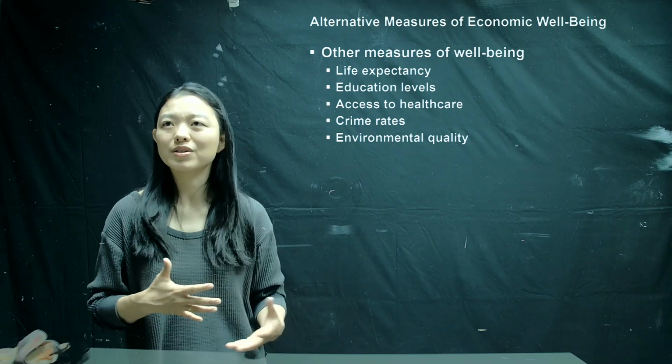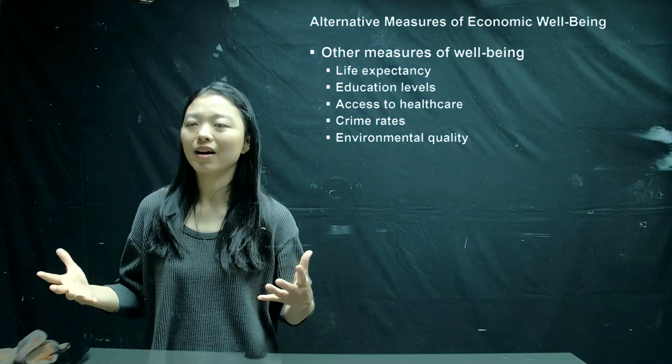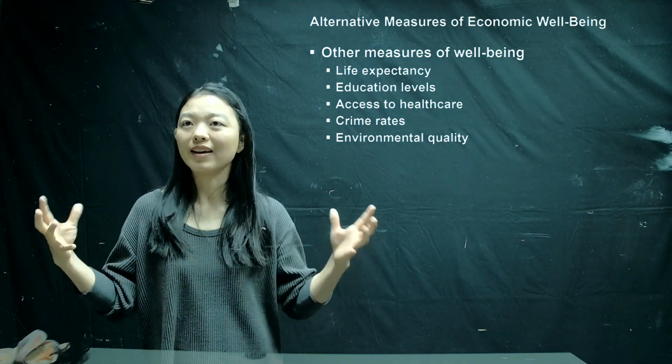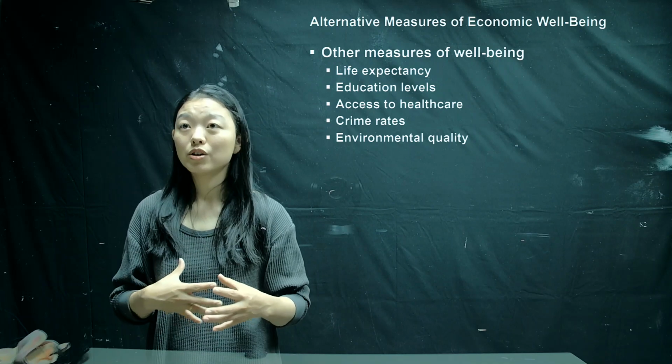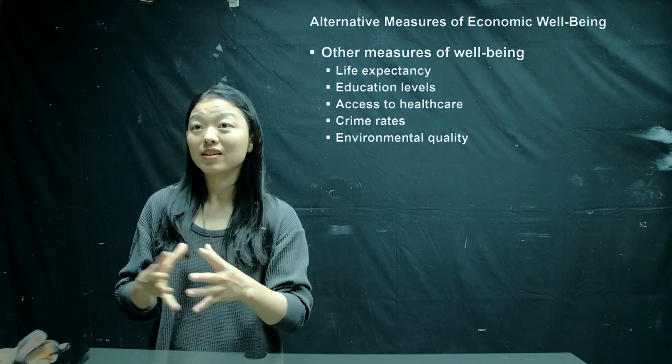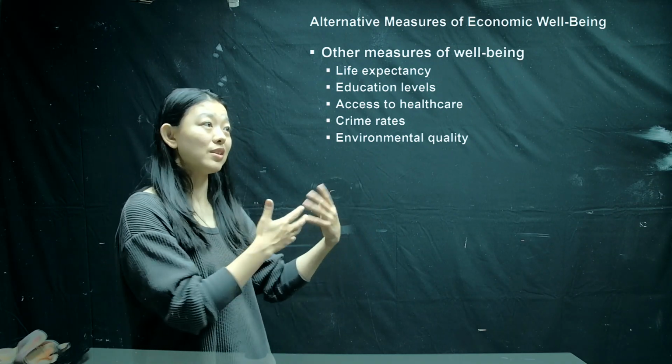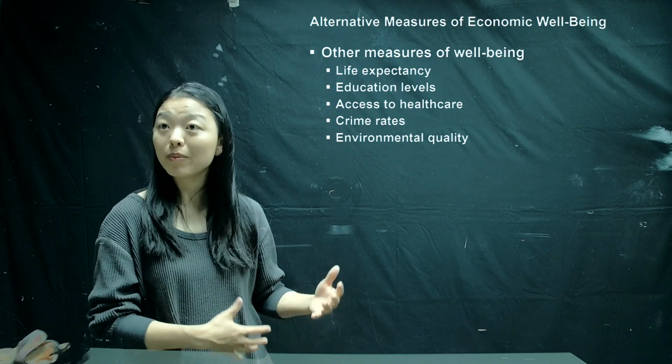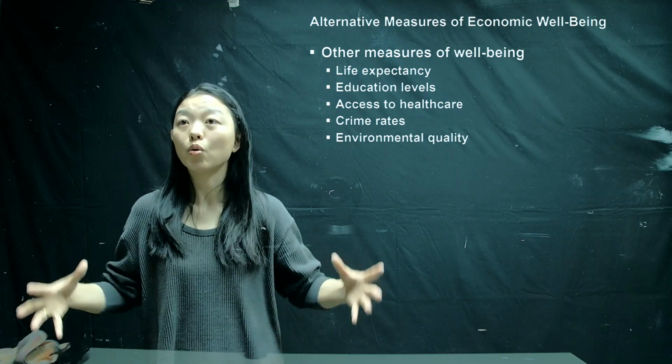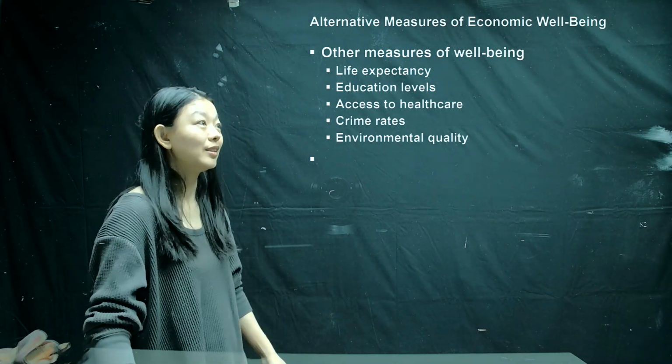Those are some indicators that economists nowadays try to take into account. We not only consider GDP, we also need to consider other indicators that could better measure the whole well-being of the society.